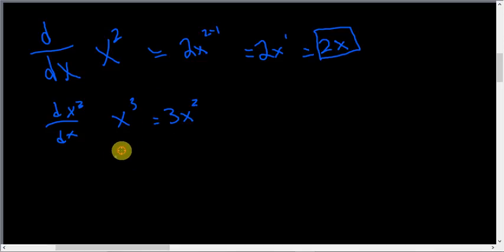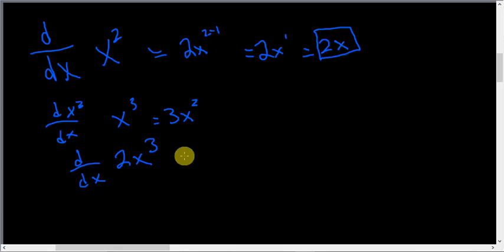Now what if we have 2x to the third? What does that equal if we want to take the derivative with respect to x? If we took it with respect to t, then the x would just be a constant, and we could find the derivative, and then we could say dt dx, because that means that we still need to find the derivative of whatever t was. Alright, but let's just do it, of course, with respect to x, keep it simple.